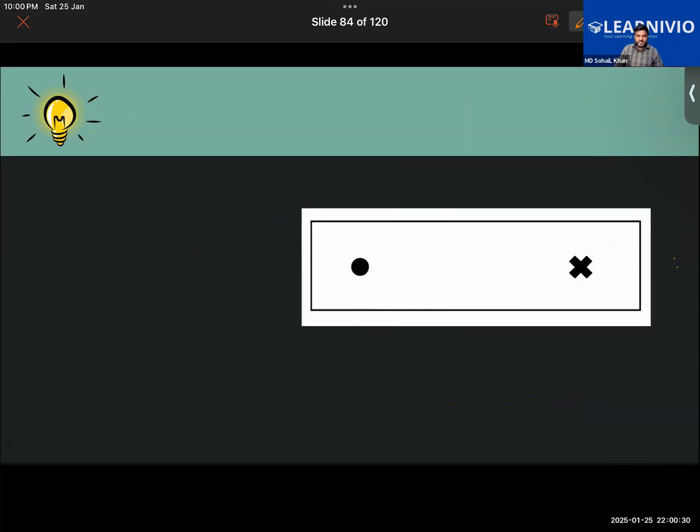But first of all, you guys tell me, how can you spot the blind spot of your eye? How do you find it? Remember, we had done one activity in the class. You have taken a sheet of paper, you have drawn this dot and the cross. They were 7 centimeters apart from one another, right?